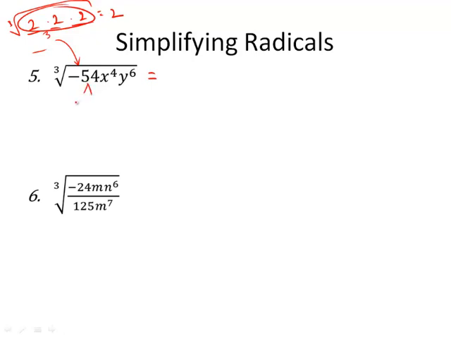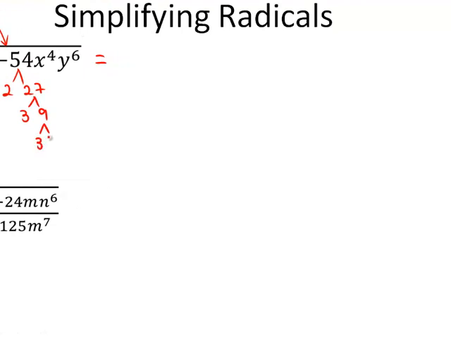54 can be written as, let's break that down, divided by 2, 2 times 27. 27 is 3 times 9, and 9 is 3 times 3. So we can write this as cube root of negative 2 times 3 times 3 times 3 times. Now notice that x to the 4 would be 4 x's.